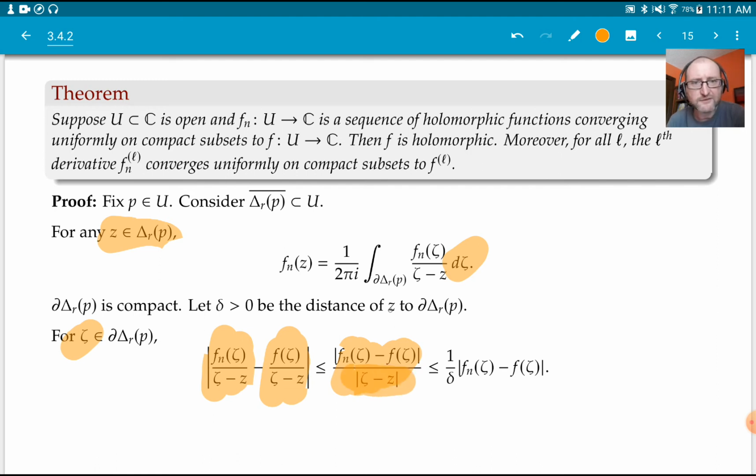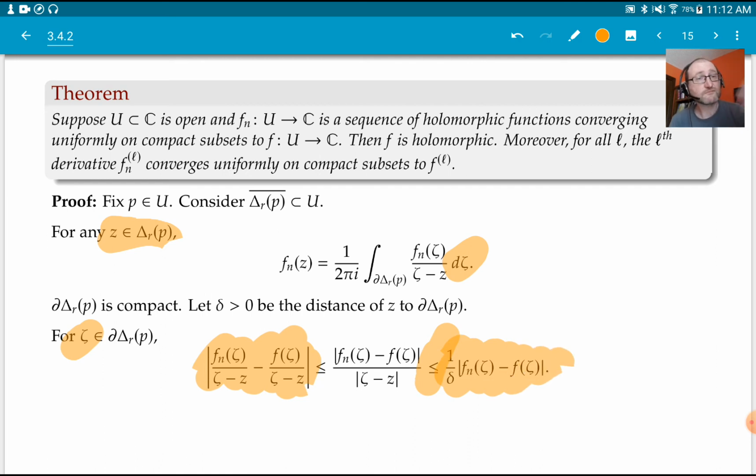Zeta is in the boundary, so I get that |zeta minus z| is bigger than or equal to delta, because that's the boundary. If I take 1 over everything, I get the inequality going in this direction, and I get that this is bounded by this thing. Okay, and now basically we're done, at least with this bit.